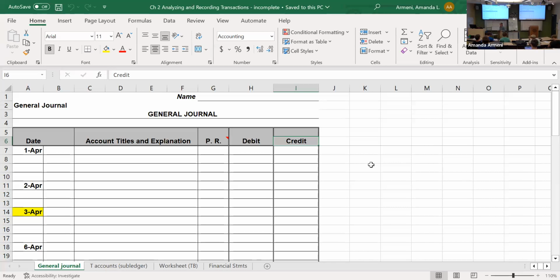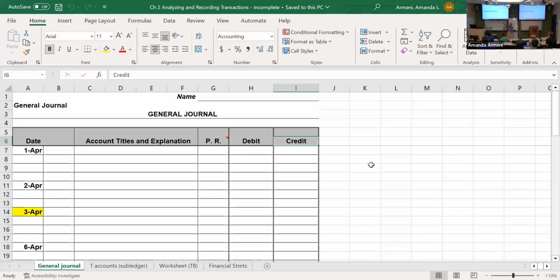That's what we're going to cover on Monday, right? But by answering the first 3 questions, what account is it? Where does it belong? And is it increasing or decreasing? You will be able to very quickly know whether the amount needs to go in the debit column on the left side or in the credit column on the right side, okay?